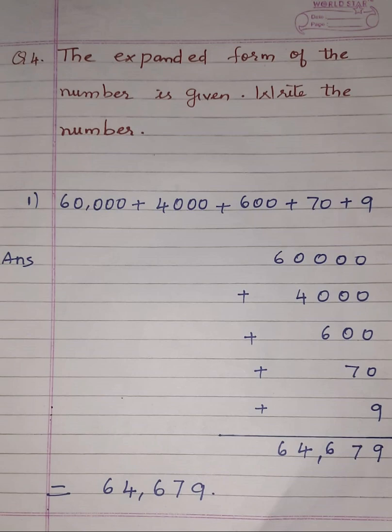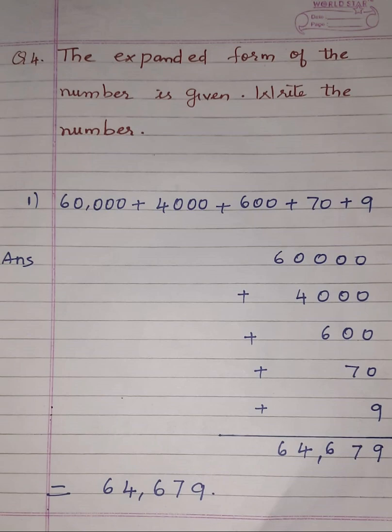Followed. So how will you add, children? I have told you, when you want to add, you start adding from the units place. So in the units place we have 0 plus 0 plus 0 plus 0 plus 9. So 0 doesn't have any value, so we write 9 as it is. Correct. We finish with the units and come to tens.